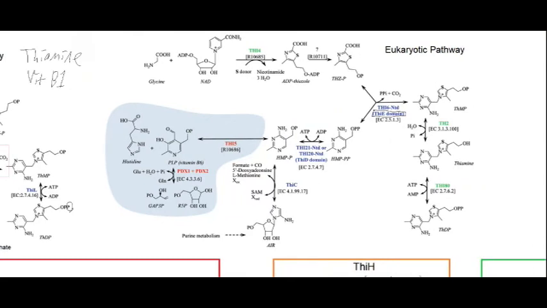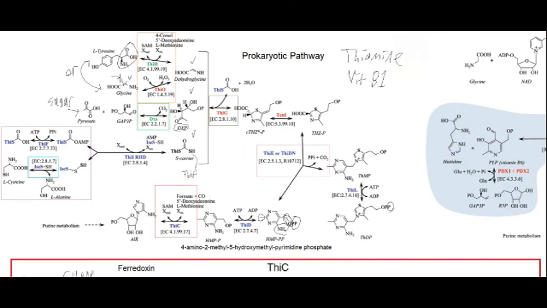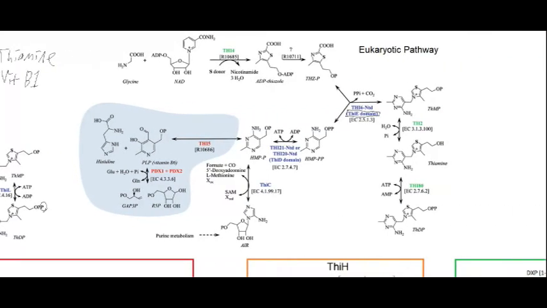It's, like I said, pretty much the same thing in eukaryotes. Our glycine, and we're using NAD here, and it says an S donor, so that would probably be similar to this whole pathway right here. And this has a question mark, because like I said, the eukaryotic pathway is not as well characterized. I believe this part in navy blue was in yeast only.